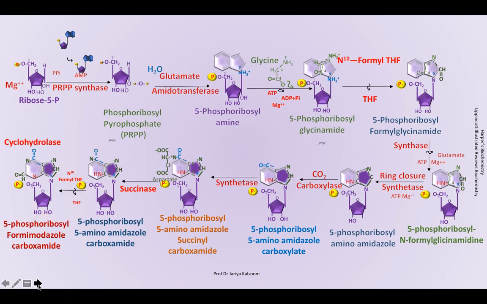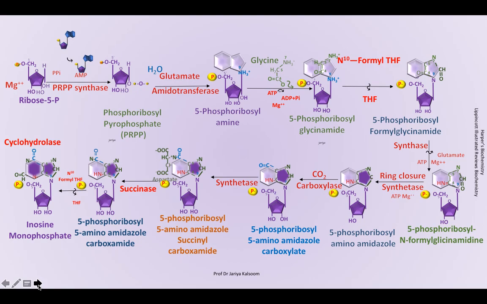So this is cyclized to form inosine monophosphate, which is the parent compound for the purine nucleotides. So here we can see the formation of inosine monophosphate or IMP.